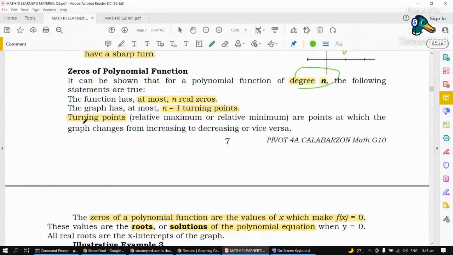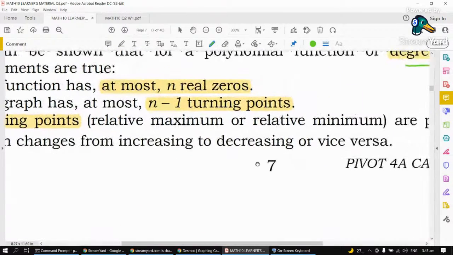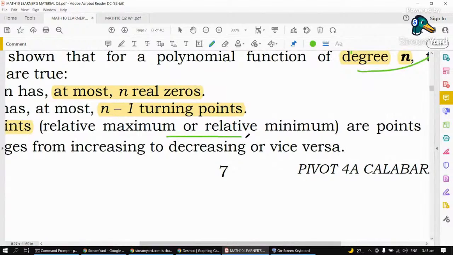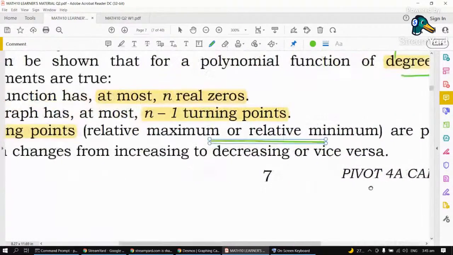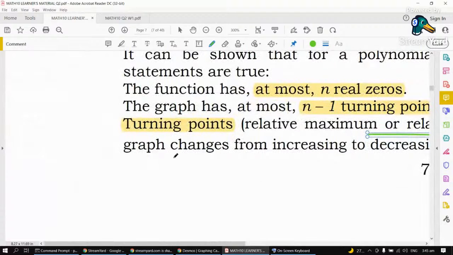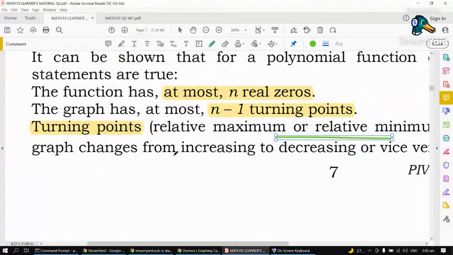So, yung turning point is the relative maximum or relative minimum. So, ang explanation niyan ay the graph is changing from increasing to decreasing or vice versa.